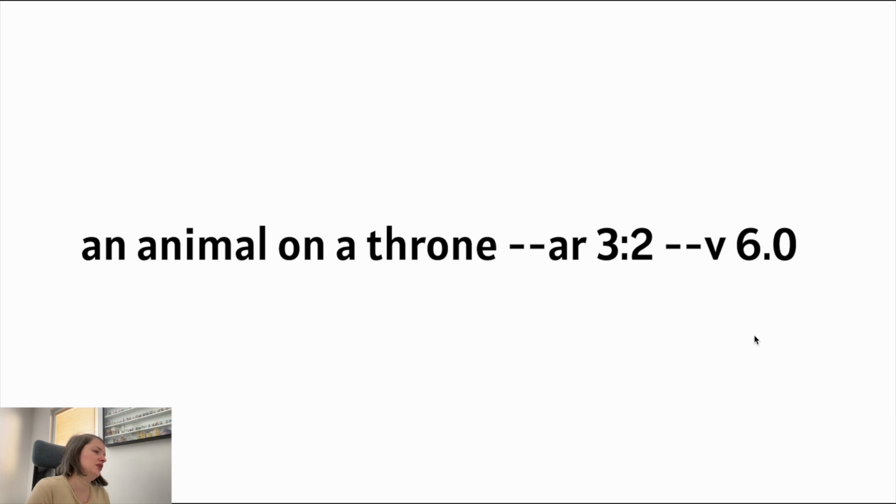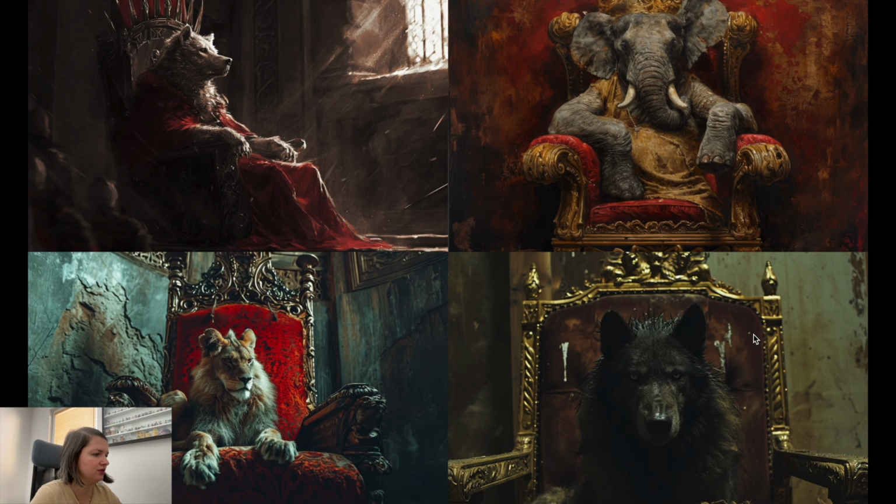Okay, so let's go with this prompt: an animal on a throne. This is what it generated, and we can see that it's a little bit all over the place. The top two images look more like illustrations.